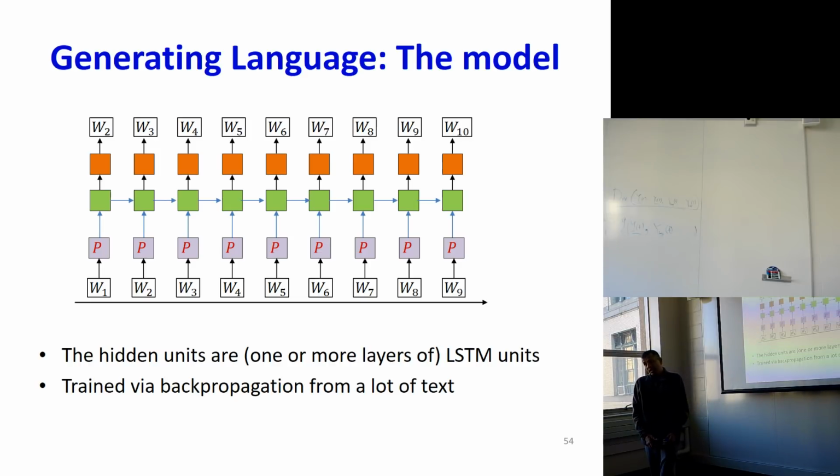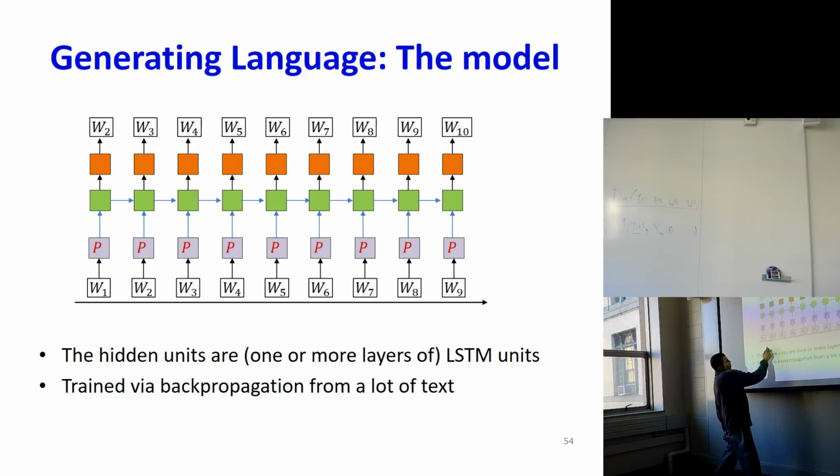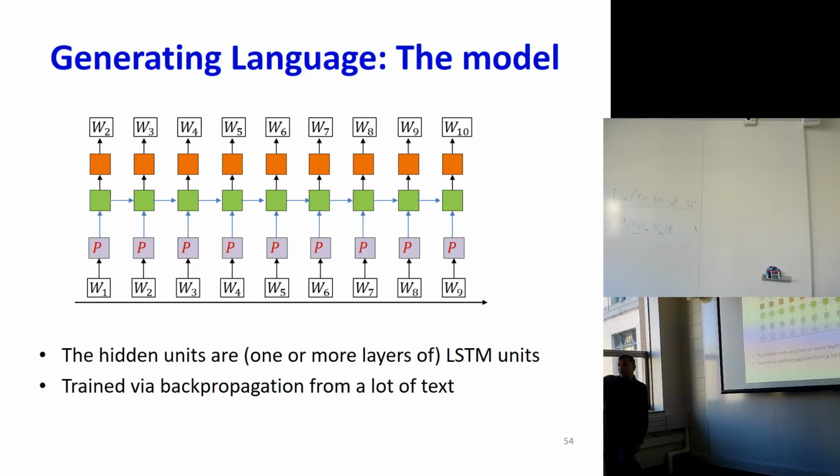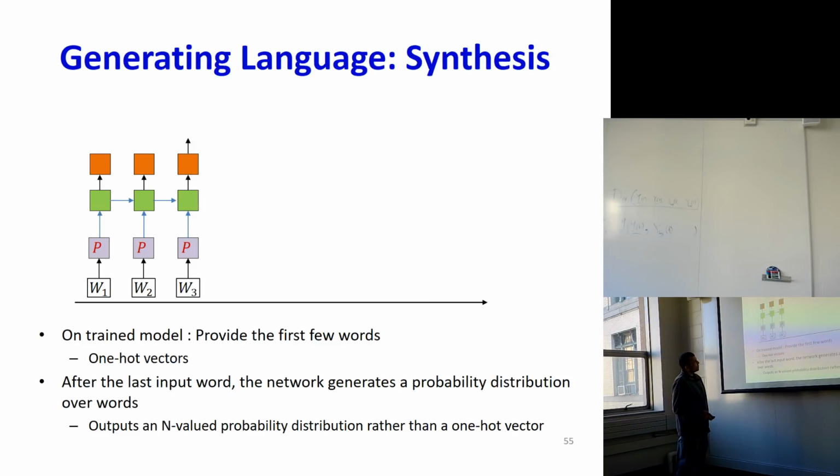For that, we need a recurrent structure, which would imply a model where you have one or more hidden layers of maybe LSTMs, and we're looking at all the words until some point to try to predict the next word. You could train this network from sequences of words where at each point the target output is the next word, and you can use backpropagation to train it.